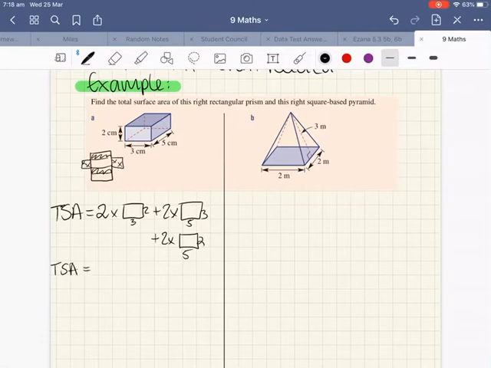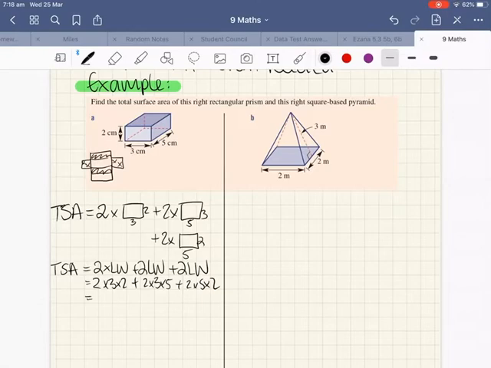Then we get into our formulas. So it's 2 times the length times width of the first rectangle, plus 2 times the length times width of the second rectangle, plus 2 times the length times width of the third rectangle. So that's 2 times 3 times 2, plus 2 times 3 times 5, plus 2 times 5 times 2.